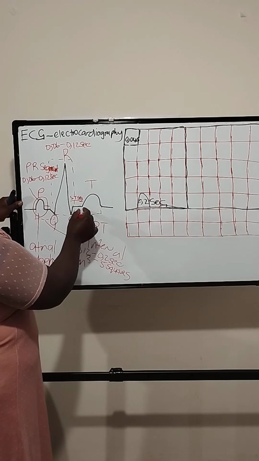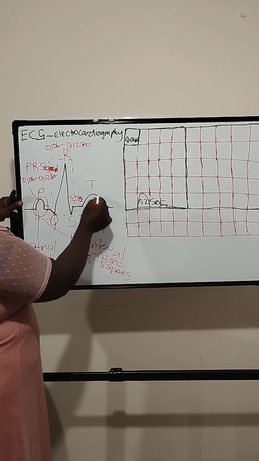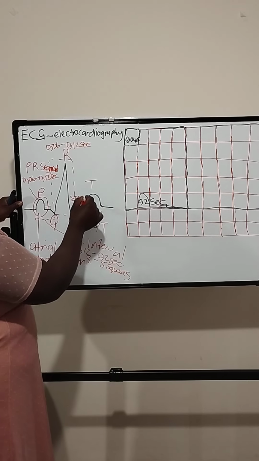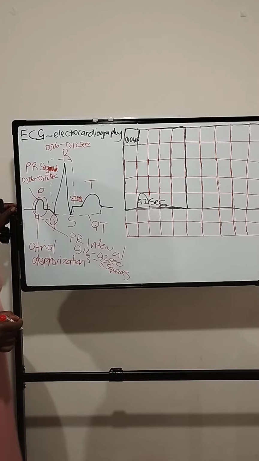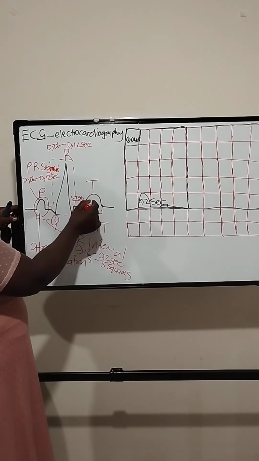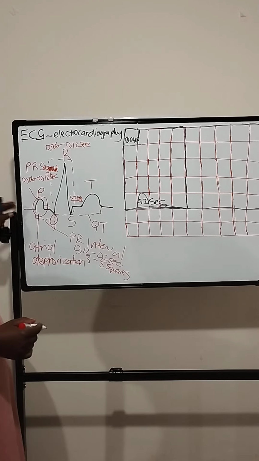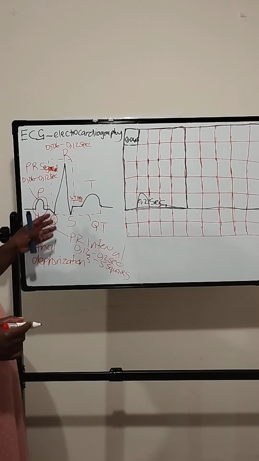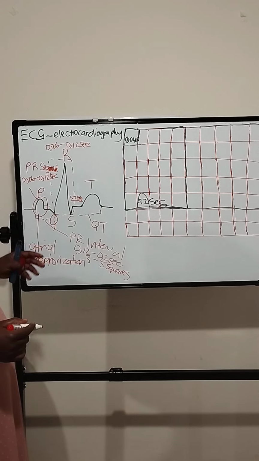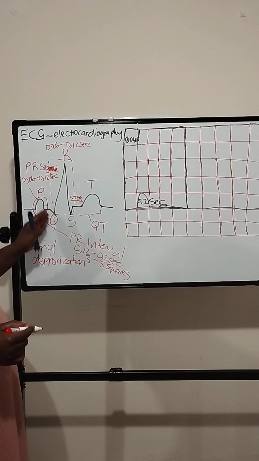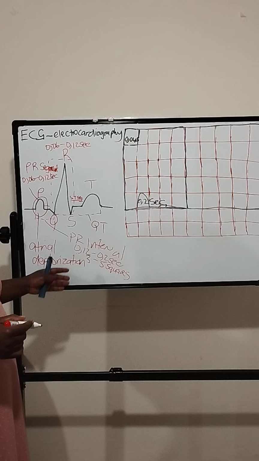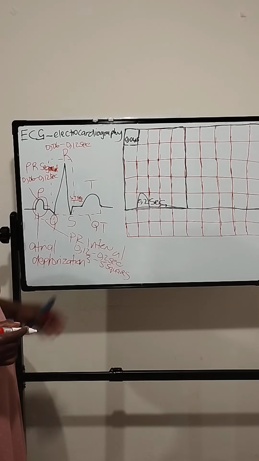And we also have this T wave which follows the QRS complex, and it usually represents repolarization of the ventricles. Atrial repolarization is not normally visible on the ECG because it is masked by the QRS complex. It occurs during ventricular depolarization, therefore it's not visible.